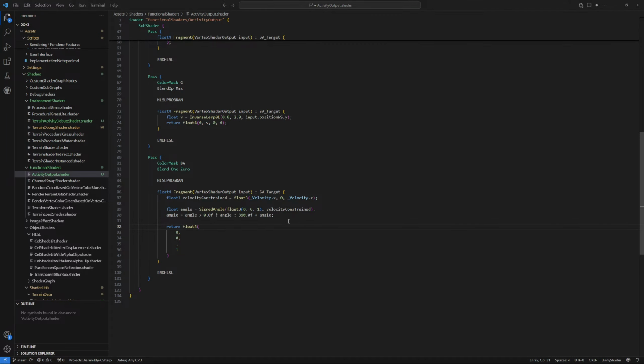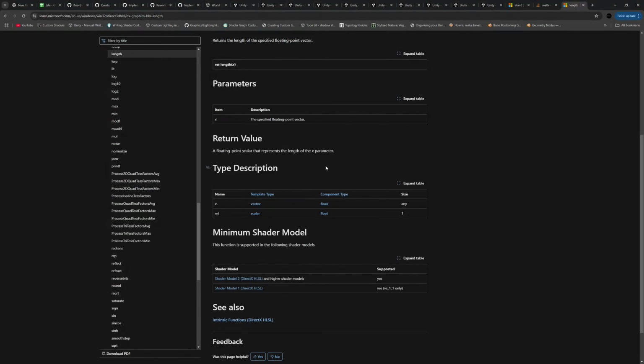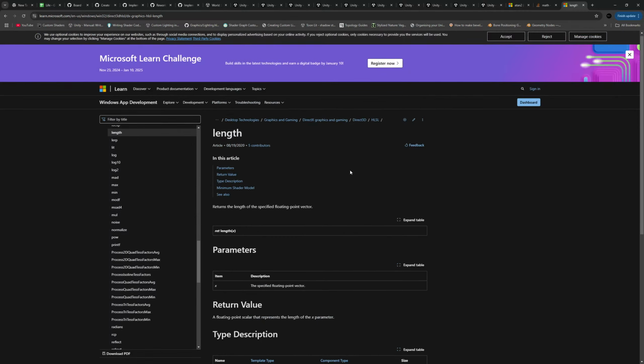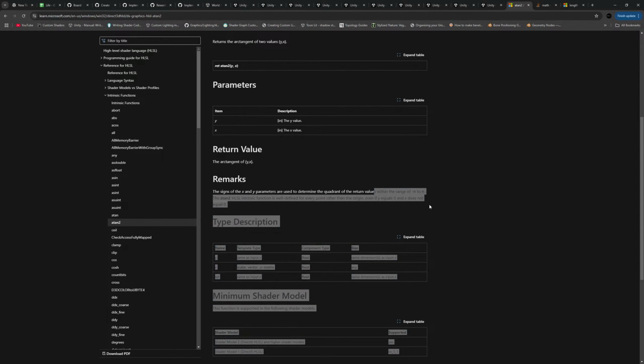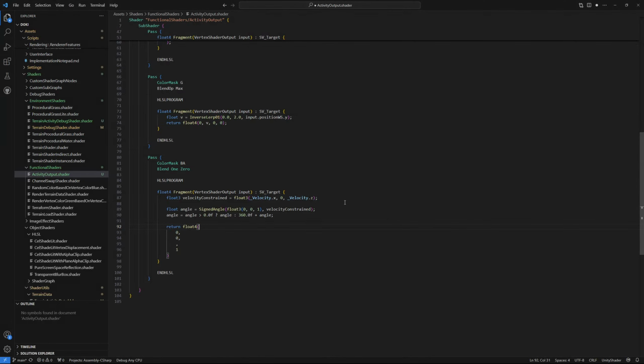We get within a range of minus pi and pi. So we want to do pi plus angle here, I think.